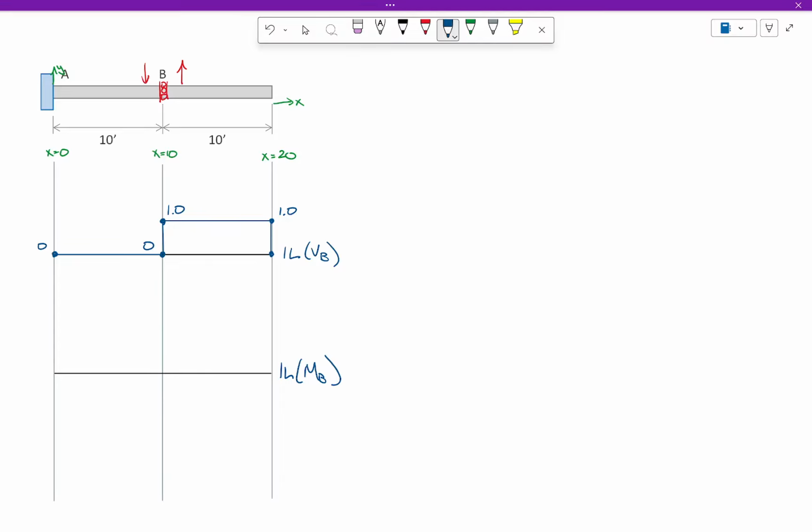Similarly, the influence line for the moment at B is going to be 0 and 0. And what do we do when we're drawing a moment influence line?